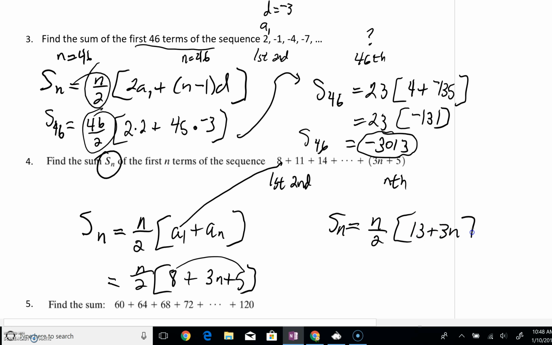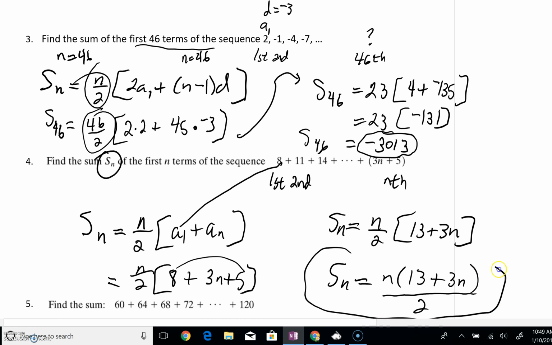You could even leave this as is. What the author might have in the back, and talking about what Conrad was just bringing up, if you wanted to use ordinary parentheses rather than the blocks, it's the exact same thing. If you want to distribute that n in, you may. But that's what your nth term sum will equal.